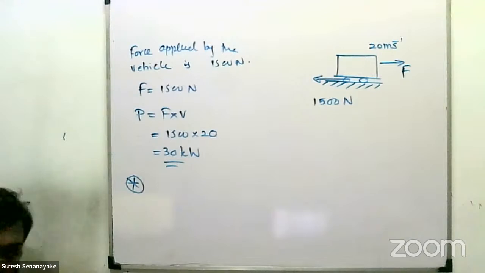The total constant resistive force applied on the vehicle is 1000 Newton. The mass of the vehicle is 500 kilograms.